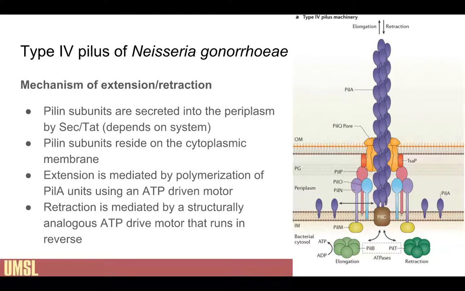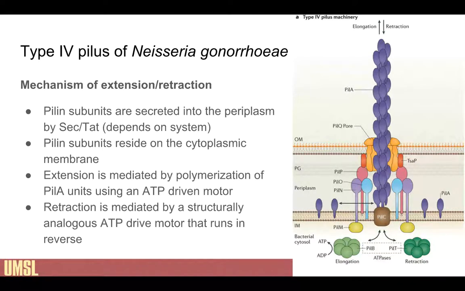Then for retraction, a separate rotary motor connects and burns ATP and ratchets this whole structure the other way and spits these subunits back out, allowing for retraction of this protein appendage.